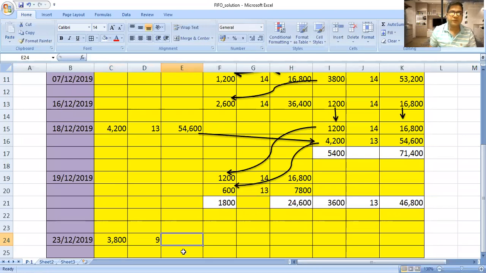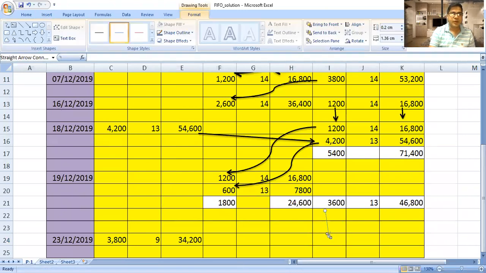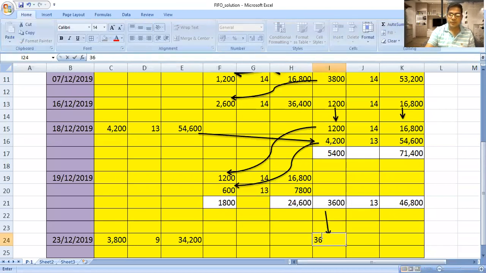Now use your calculator and find out the value. 3,800 into 9 is 34,200. Now we already have a balance of 3,600, rate 13 and value 46,800.